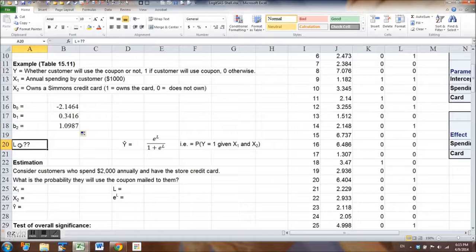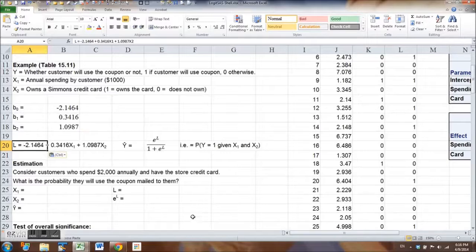So now the estimated L value can be constructed with these coefficients. So minus 2.1464 plus 0.3416 times x sub 1 plus 1.0987 times x sub 2. Then we can put the L value in this equation to find y hat, which is then the probability that y will be equal to 1. In other words, the probability that the customer will use the coupon.